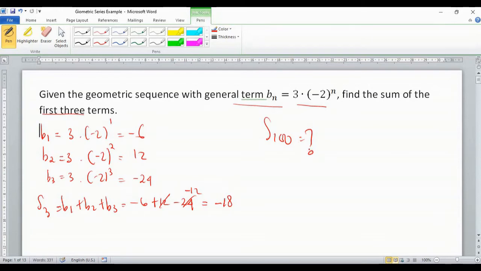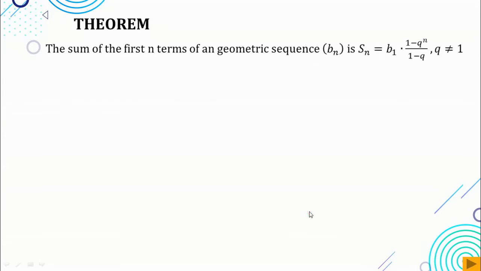So now let's jump to the example of that. So we have the theorem. The theorem of the sum of the first n terms of a geometric sequence bn is Sn equals b1 times (1 minus k power n) over (1 minus k), where k is not equal to 1.